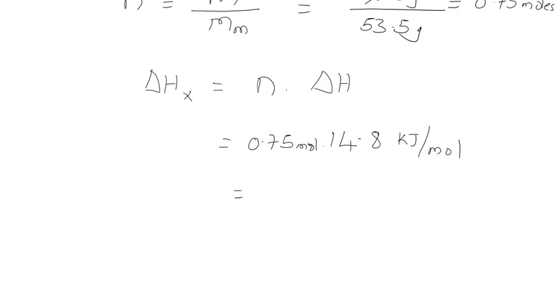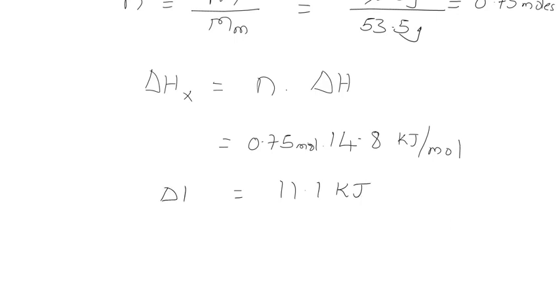You can use your calculator and determine the value for delta H for the reaction, and you should get it as 11.1 kilojoules.